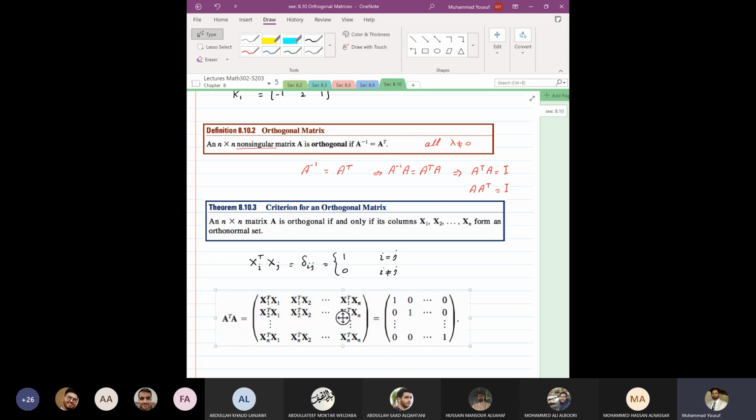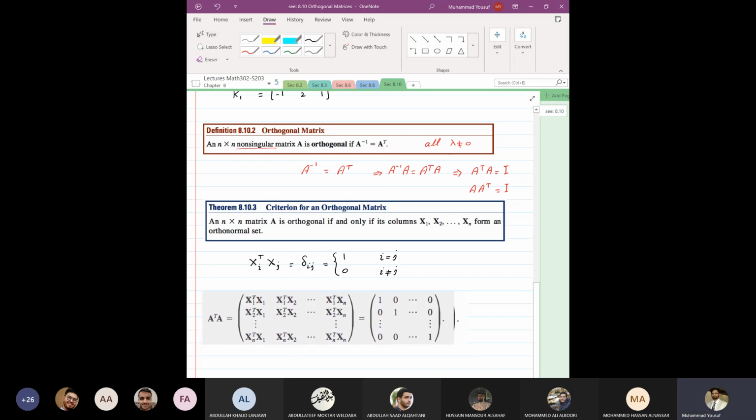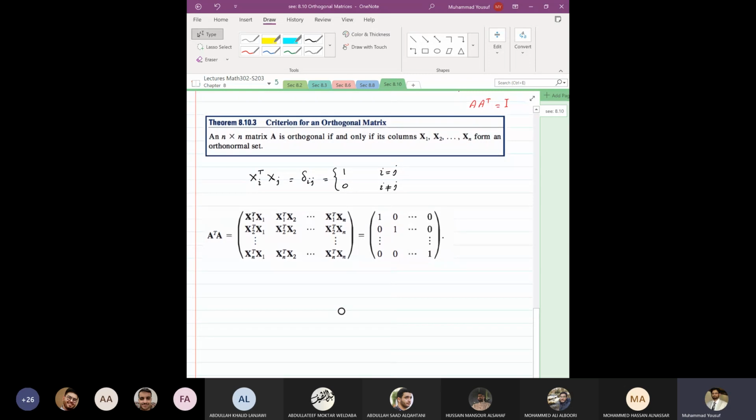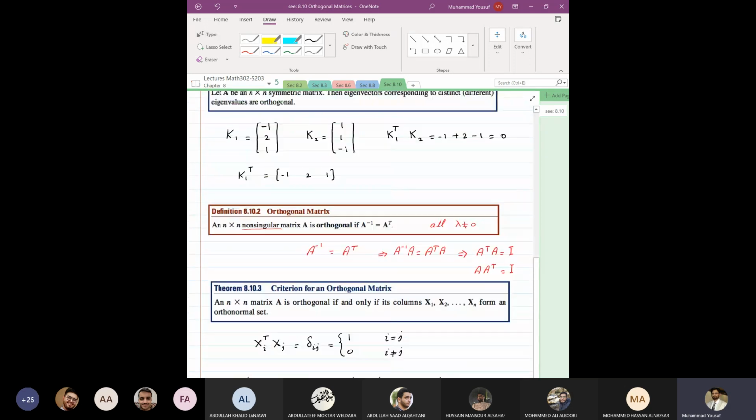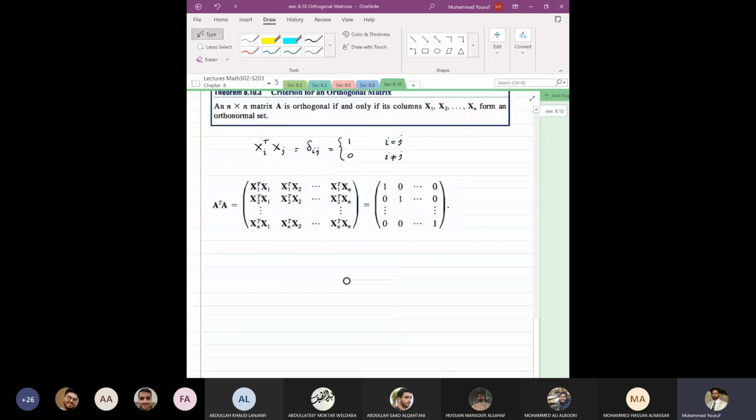So this is the theorem that A is orthogonal if and only if its columns form an orthogonal set. Now these are not eigenvectors. Usually in this book and course, we denote eigenvectors by k. Here they are not k, they are columns of this matrix.